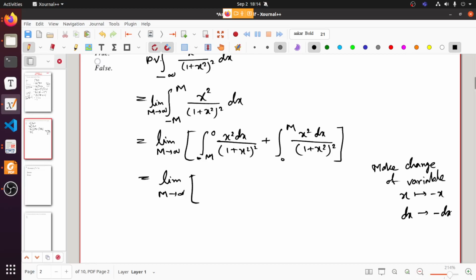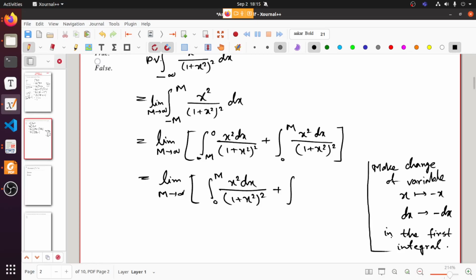So the integral limit will be changed, so we get integral 0 to m, and because x square is there, it will remain x square dx by (1 plus x square) whole square. We have only made the change of variable in the first integral, and the second remains the same, x square dx by (1 plus x square) whole square, right?